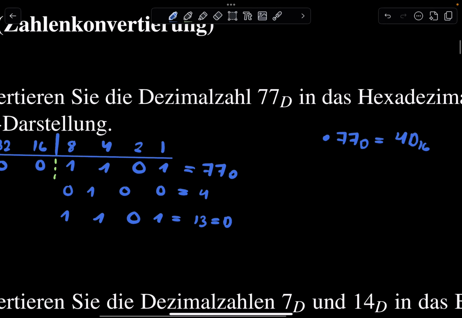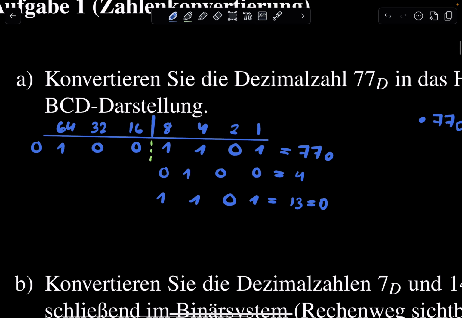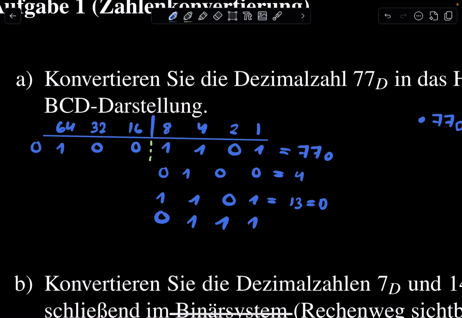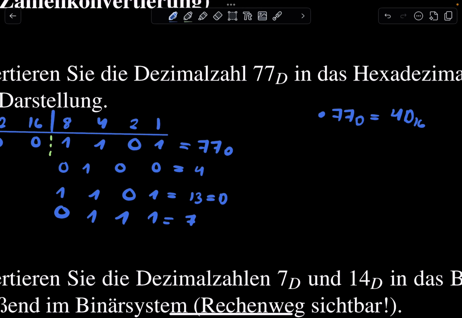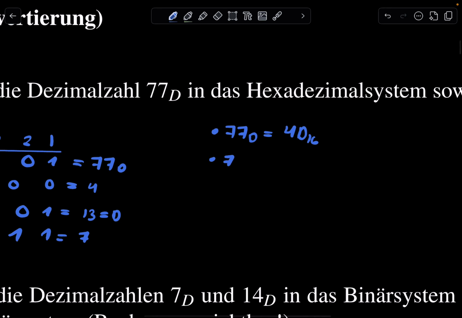The BCD is really simple. We just need 7 and 7. To make 7, we do 1, 2, 4, which is equal to 7. So 77 in decimal is 0111 0111 in BCD. That's it.